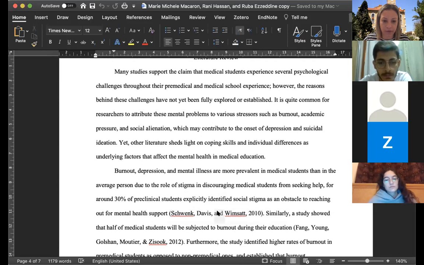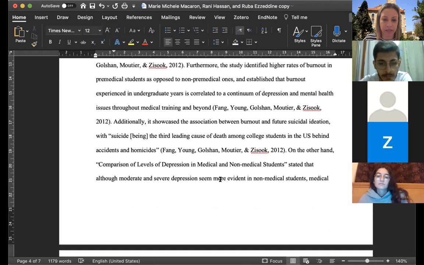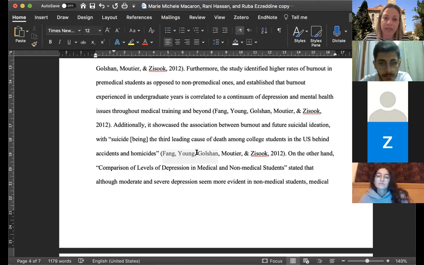They have a mistake over here because this needs to be an ampersand, but I left everything as is, because see here, he did it correctly. Over here, it's a mistake. Anyway, this is how you do an in-text citation. And over here, they forgot the page number, because this is a quote, so they should have a page number here.